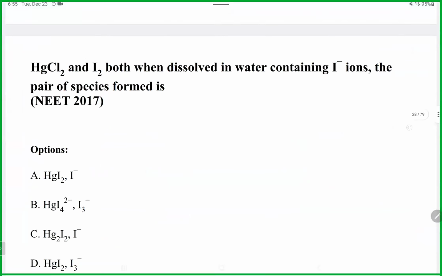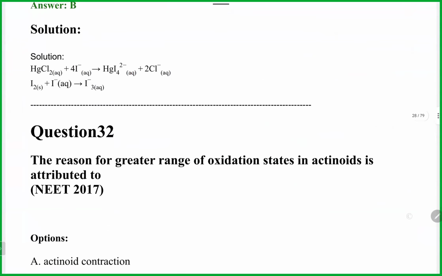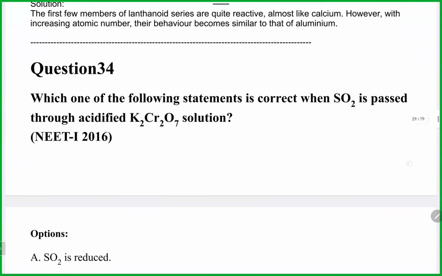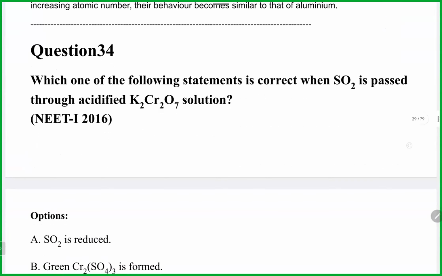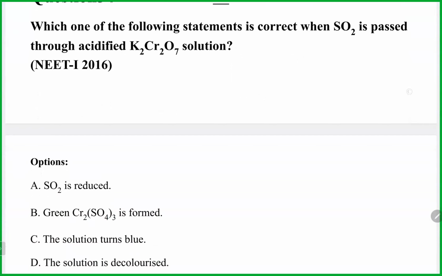So tell me, guys, is the NEET question in this case too easy to deal with? Same question. Which of the following is correct when SO2 is passed through the K₂Cr₂O₇?